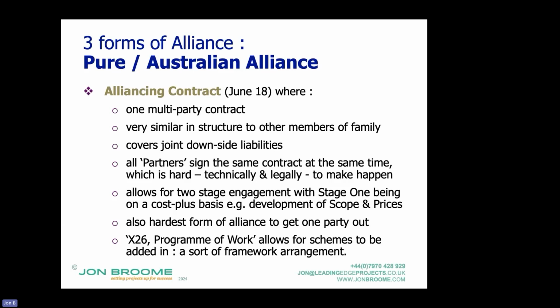Another downside is it's the hardest form to get one party out. So if one member isn't performing, you've pretty much got to dissolve the whole alliance and then reassemble it, which is hard. They also introduced X26, which is for a program of work, and that's how the smart motorways were envisaged.